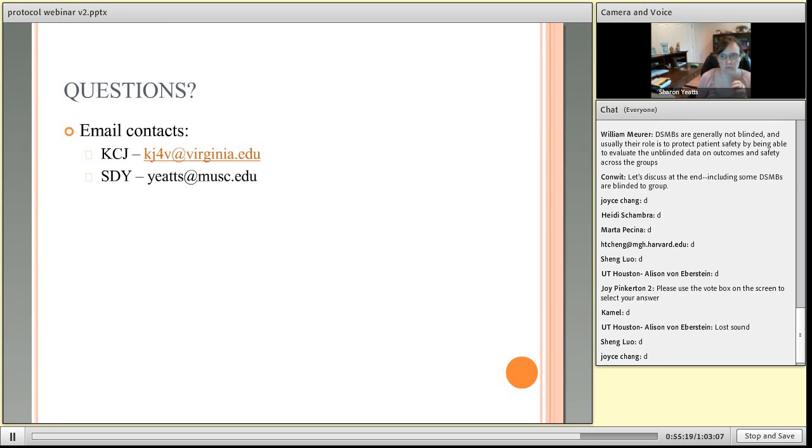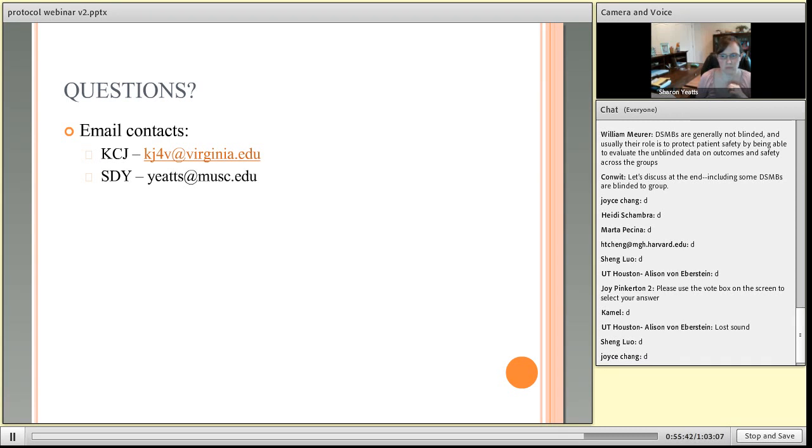There is a constant discussion about whether that group should be blinded or not blinded. Remember, every time we're unblinded, there's the potential for us to be biased toward or against something. So the purists believe that the more blinded people are, the more objective they can be in their assessments.